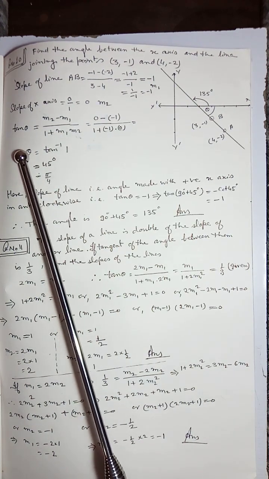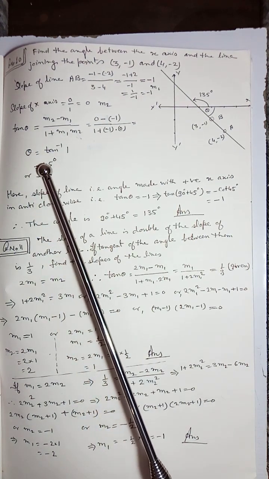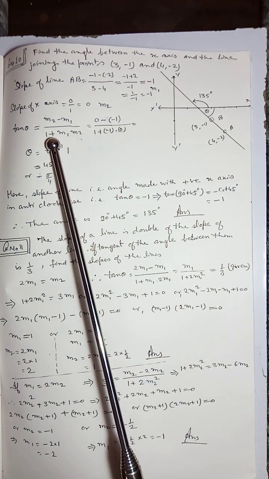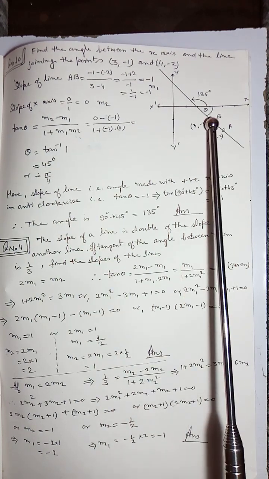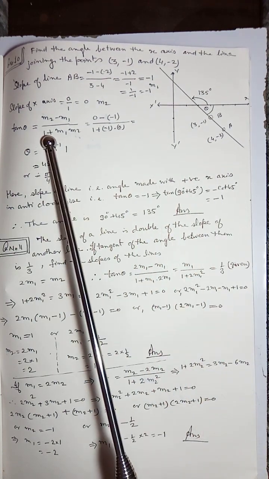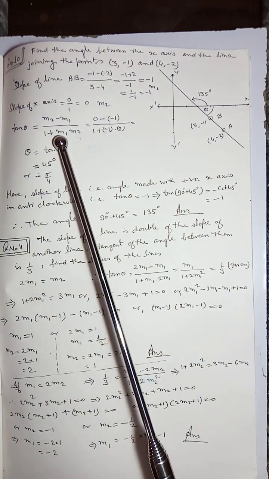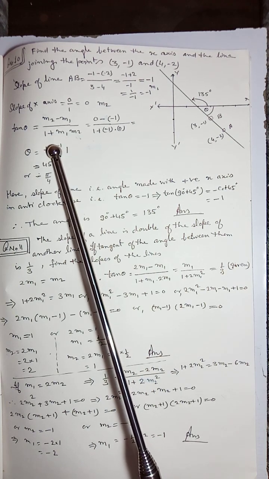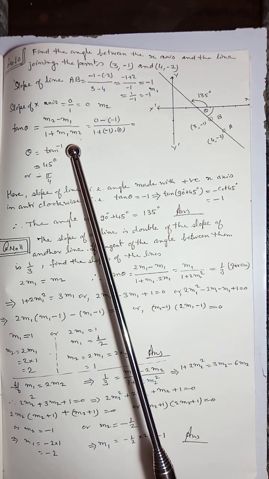Now just apply the tangent formula to find the angle between the two lines, the x-axis and the line AB. The formula we used is m2 minus m1 upon 1 plus m1 into m2.